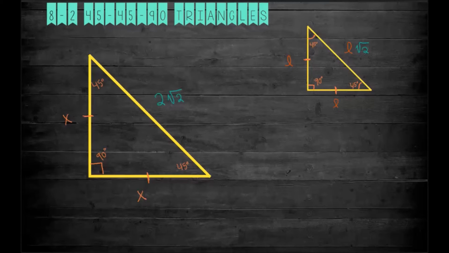Well, we know that the hypotenuse is going to be the length times the square root of 2. Our length here is x, and the hypotenuse here, which is this side here, right, these correspond, is 2 square root of 2.